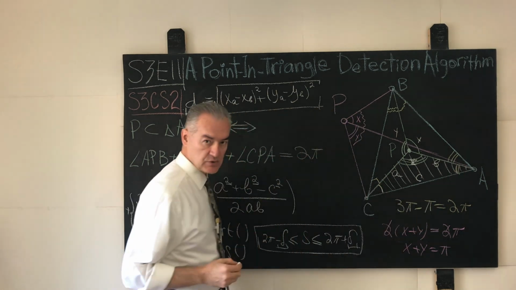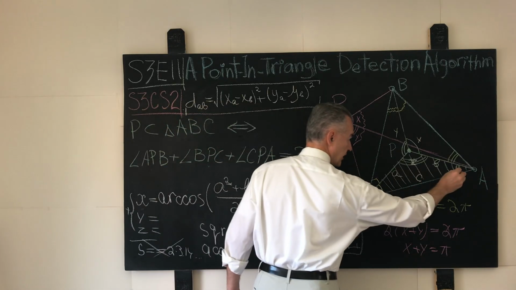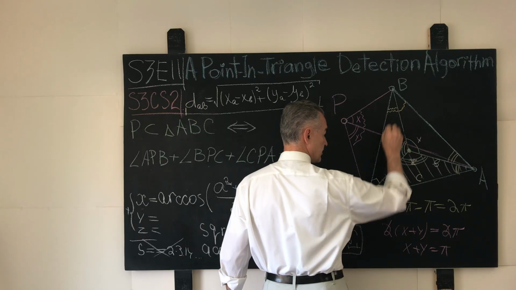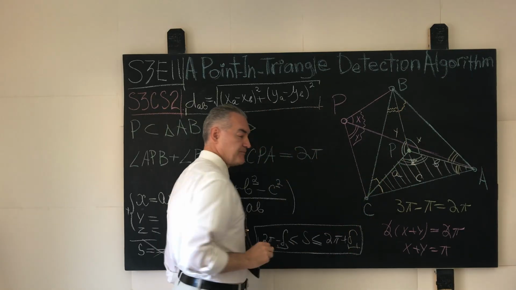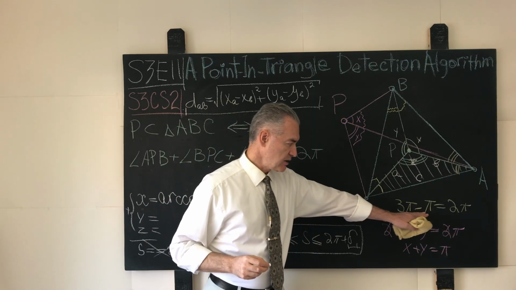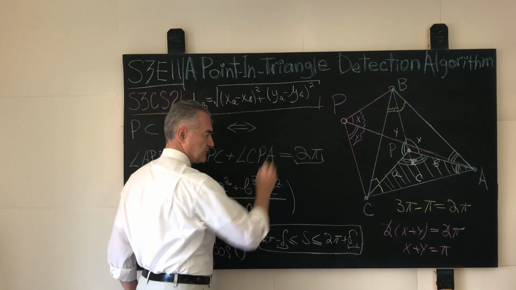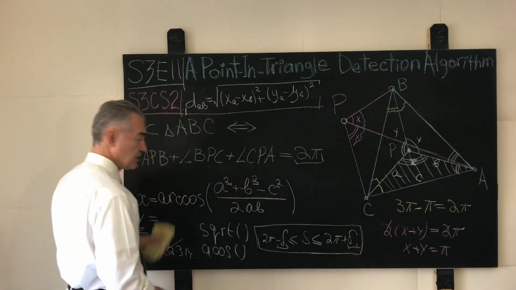Then in sum we will have 3 pi minus the sum of all these smaller angles, which precisely form the interior angles of the triangle. They sum to pi. We have the following expression: 3 pi minus pi is equal to 2 pi, and that is precisely what we have over here. That's in one direction.